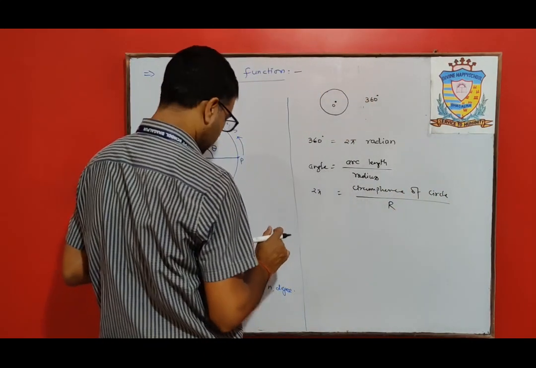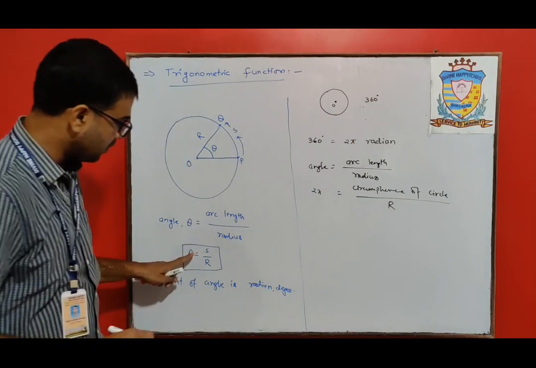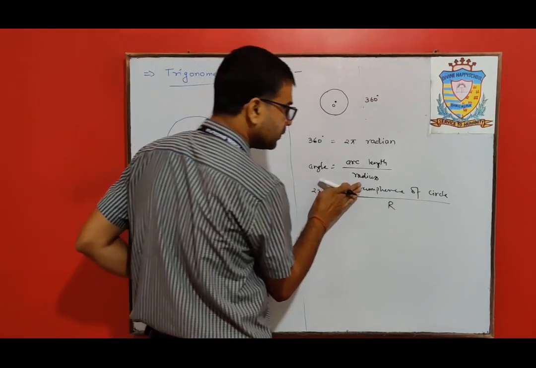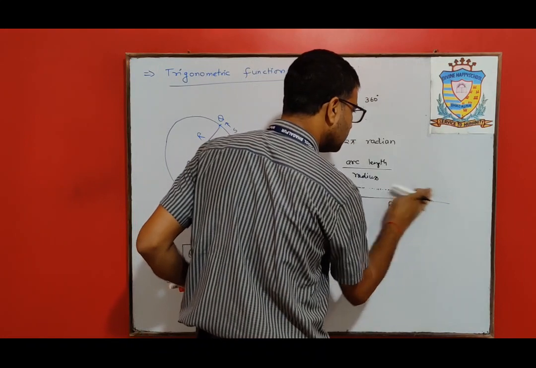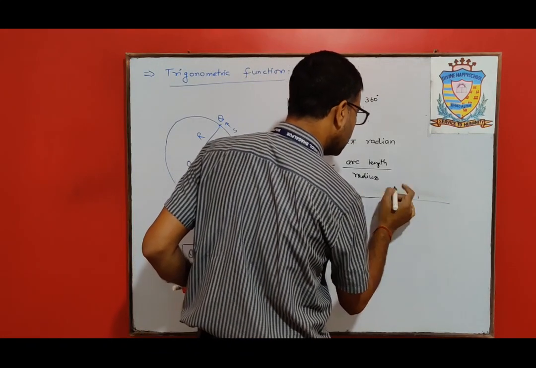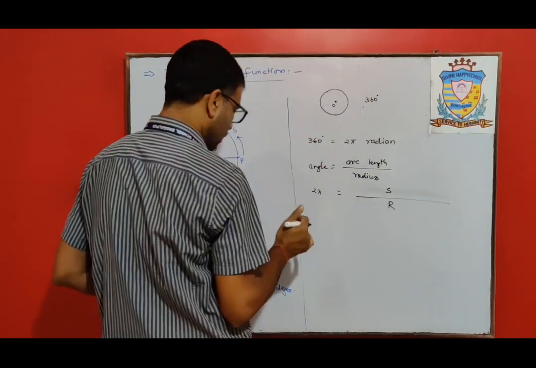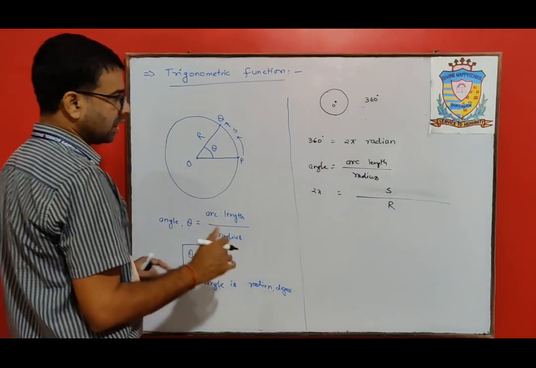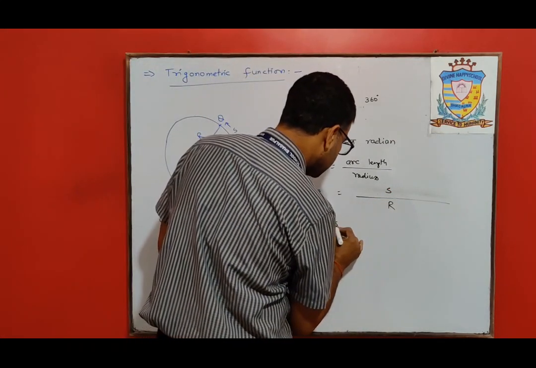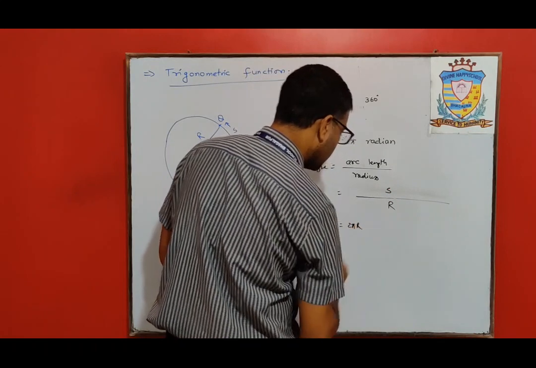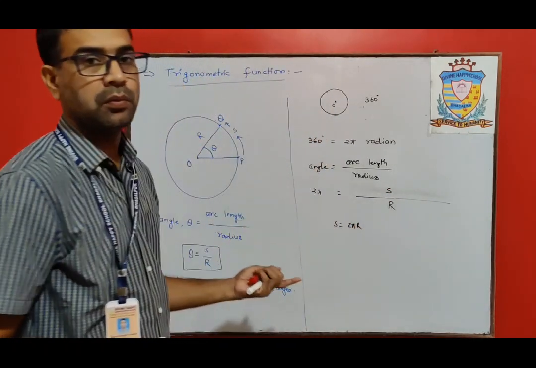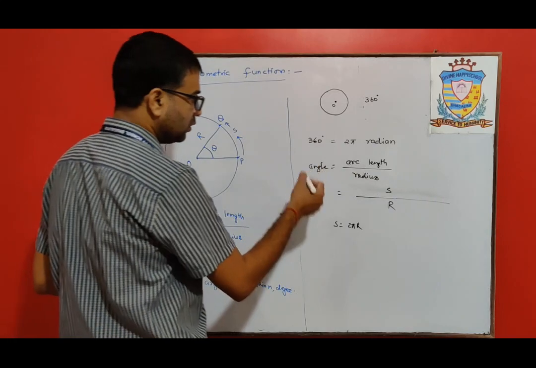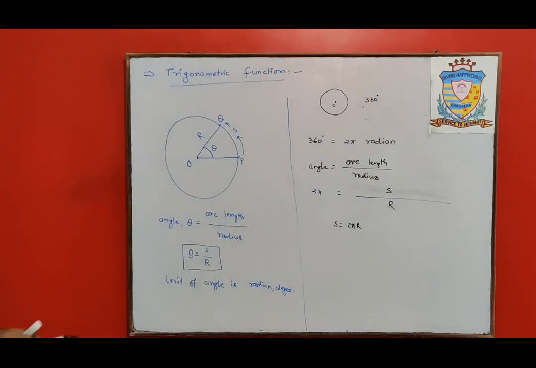Clear? Or simply you can put s by r, where s is the arc length. So here s can be written as 2 pi r. That is the perimeter of a circle. So from here you can calculate the perimeter of a circle.